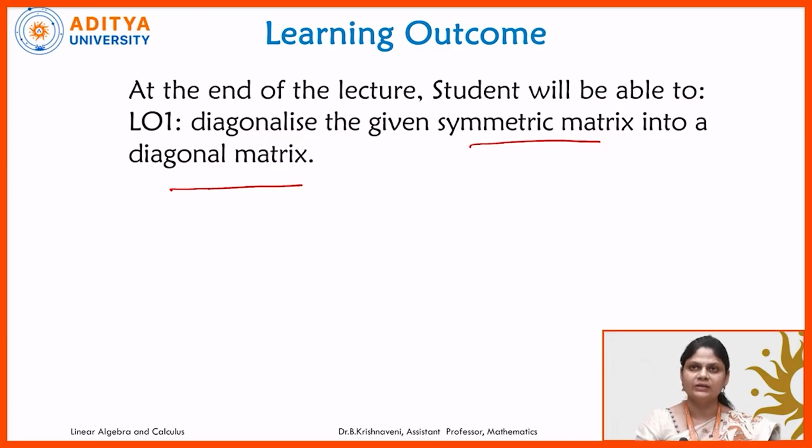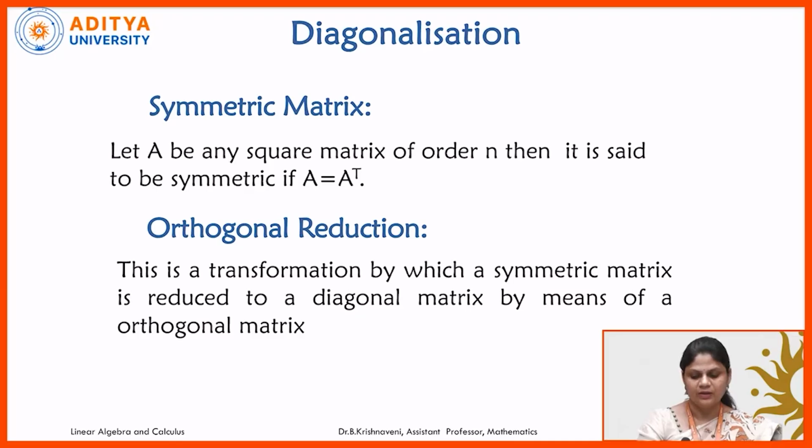In order to diagonalize the given matrix using orthogonal transformation, first of all we need to check whether the given matrix is symmetric. Then only we will find the diagonal matrix using orthogonal transformation. Let us move into the topic. First, the definition of a symmetric matrix. Let A be a square matrix of order n, then it is said to be symmetric if A is equal to A transpose.